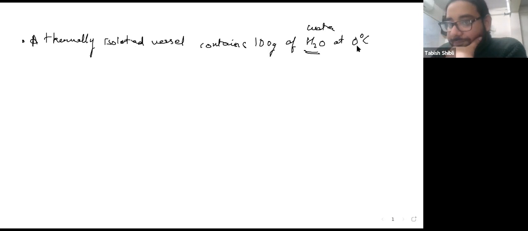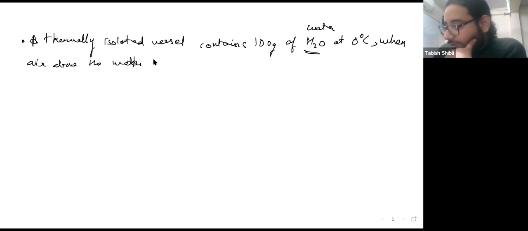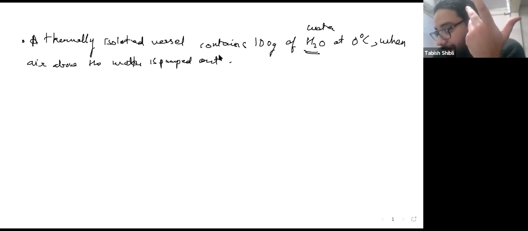That's important. When air above the water is pumped out. So what is happening when you're pumping out the air above water? You're removing all the vapor. Essentially, that is what you're doing.